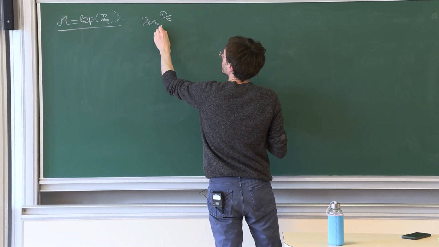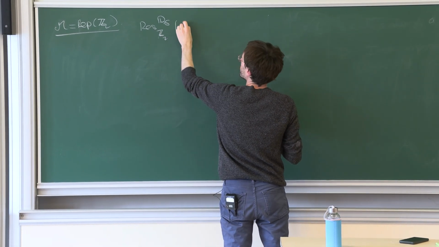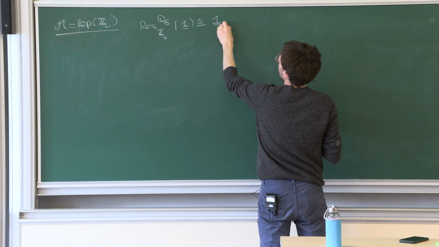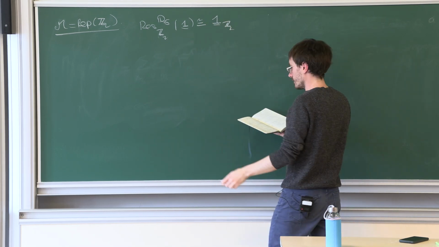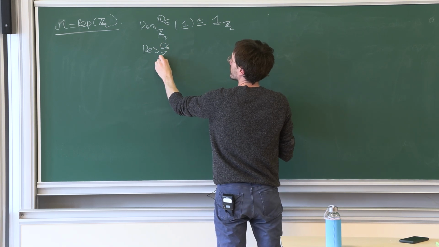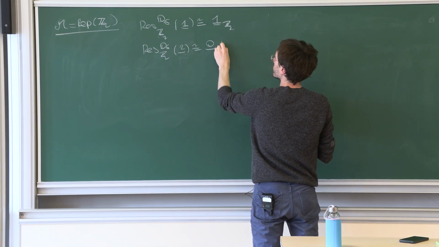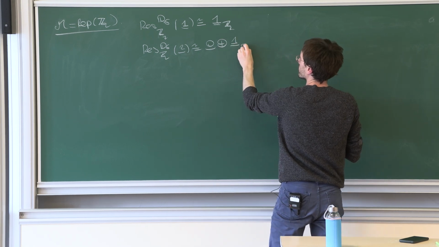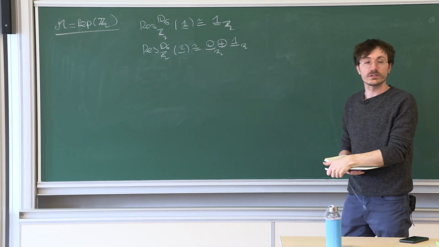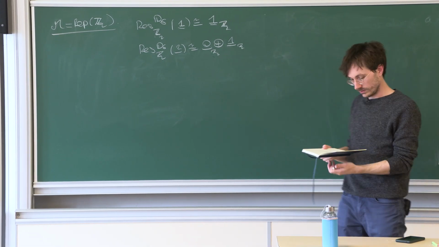The restriction from D6 to Z2 of the sign representation is just the sign representation of Z2, and the restriction of the two-dimensional one is going to be the sum of the trivial one plus the sign. I'm using the same notation, but I'm emphasizing that these are representations of Z2 and not of D6 anymore.